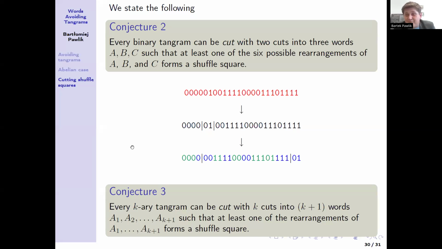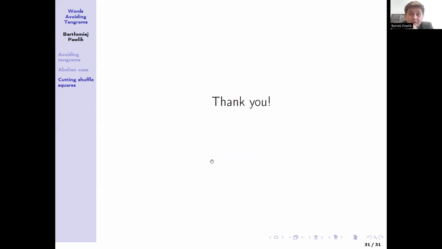It's possibly not, but this statement looks very similar to the splitting necklace theorem. So yeah, we want to think about it for a while. And I think that this is the moment I will leave you with this, and yeah, thanks for attendance. Thanks for listening.